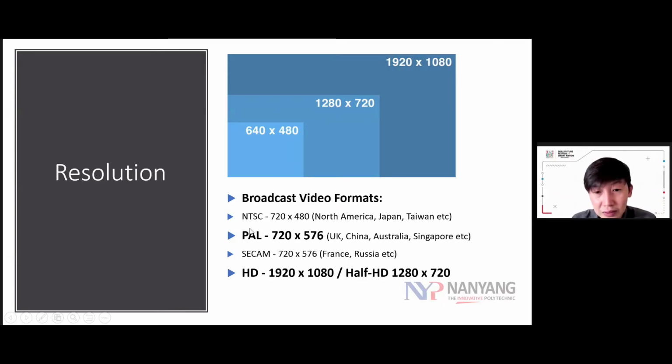Here is some more information. For example, 720 by 480 is in this region. These are all broadcast video formats. Something to let you know of, but you don't have to memorize it. For example, 1280 by 720 is around this size.